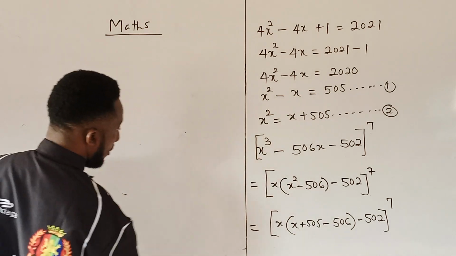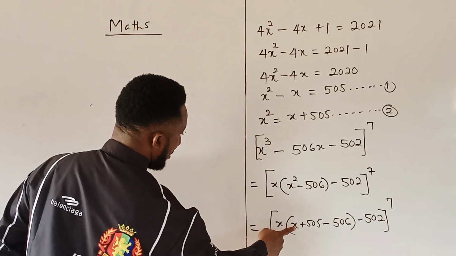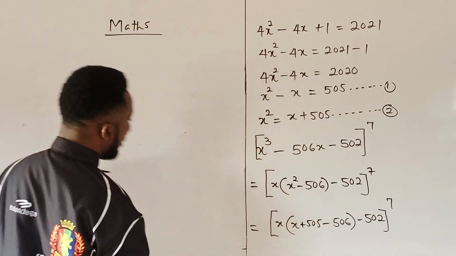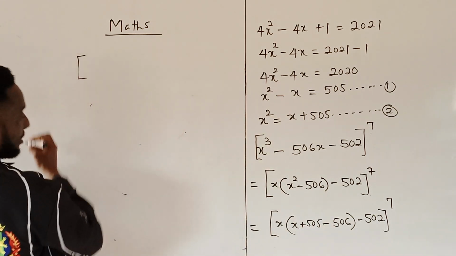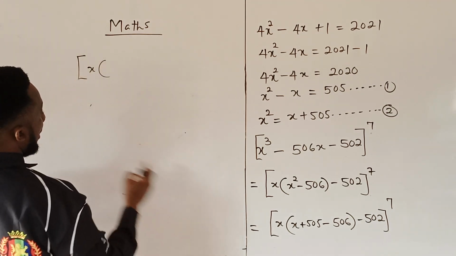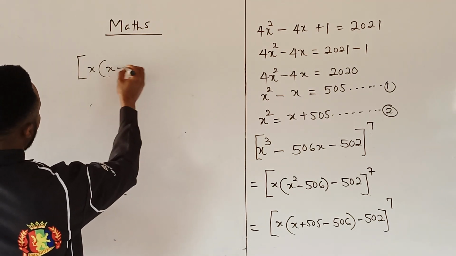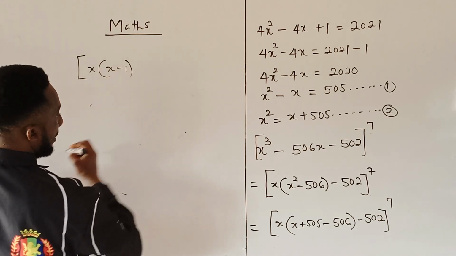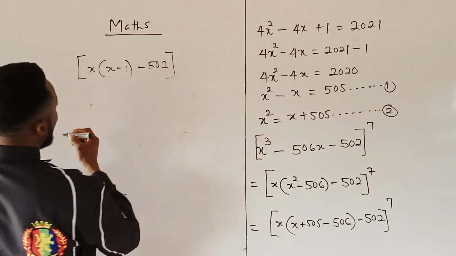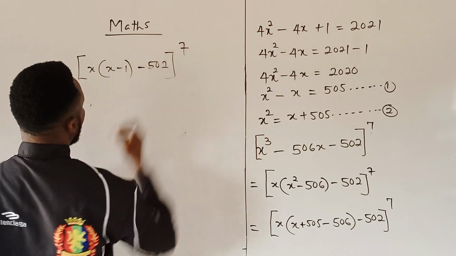Like I said, what we are going to be having here is x plus 505 minus 506, which is negative 1. So I will open a bracket and write x. Then inside that parenthesis, I'll be having s minus 1. Then minus 502. I will close the bracket, all raised to the power of 7.